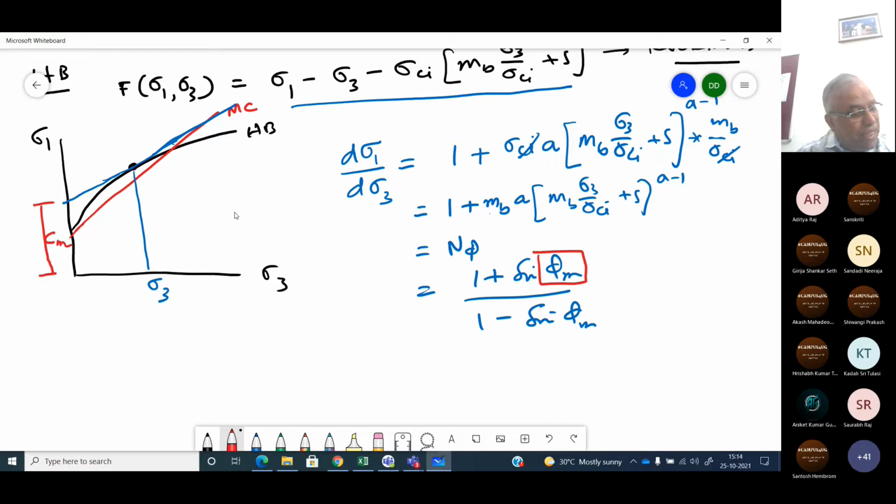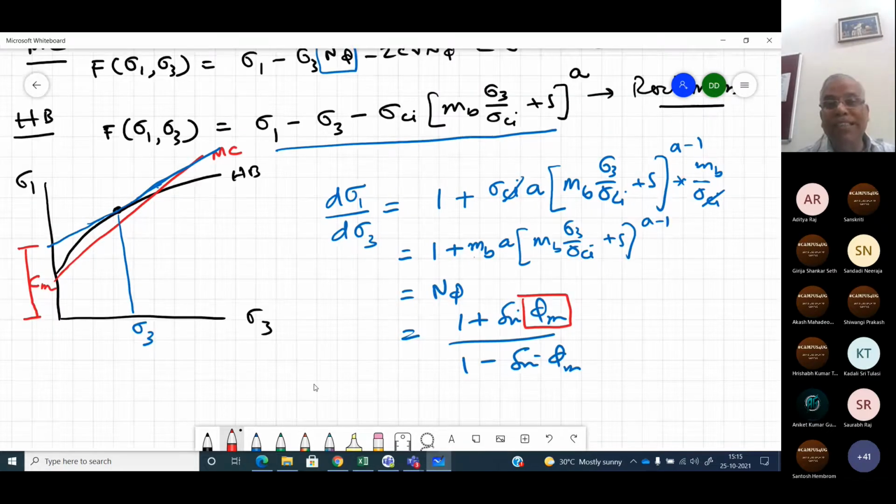I am telling you from chapter 9, and I am also giving you the page number. Just a minute. Excuse me, sir. Yeah. So differentiation would be in negative sign because sigma 3 and sigma ci are negative. Sorry, I didn't get that.